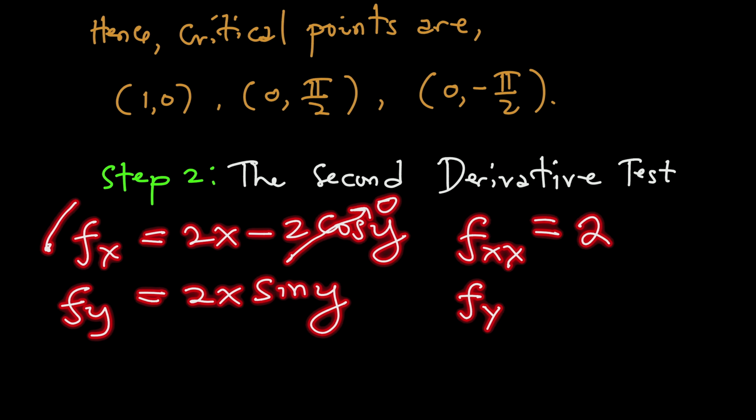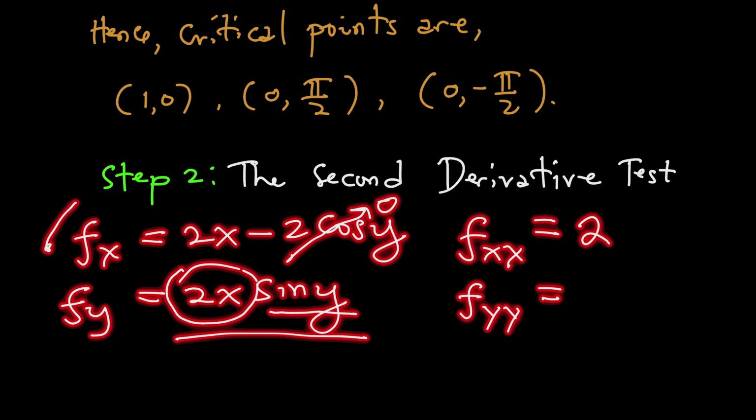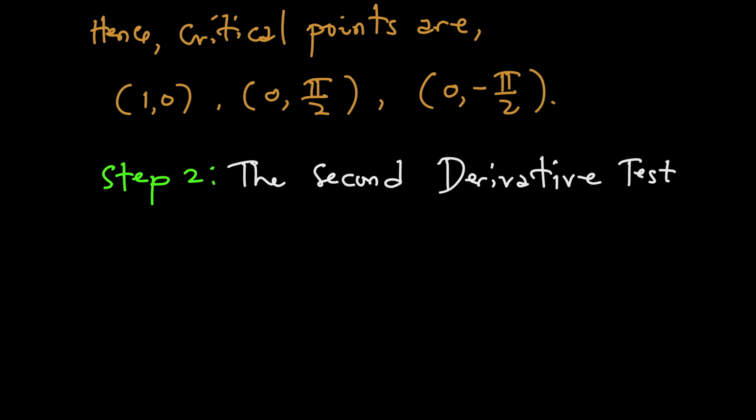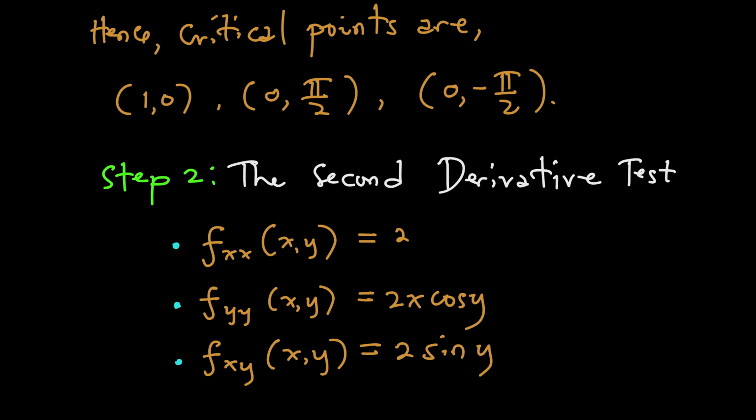And for this one, we differentiate with respect to y, and this one is the constant, and the derivative of this one is cosine. Therefore, we have 2x cosine of y. And finally, for f sub xy, we obtain 2 sine y. And that's why we have these partials.